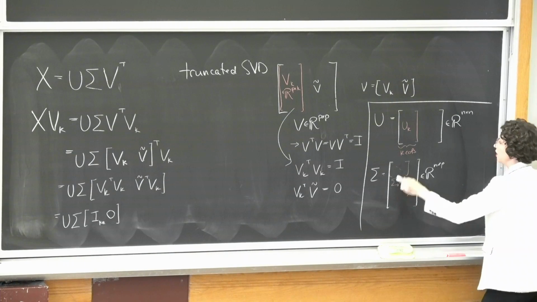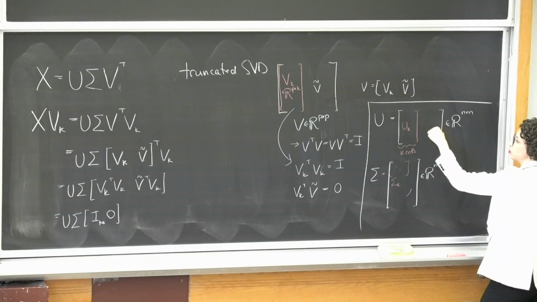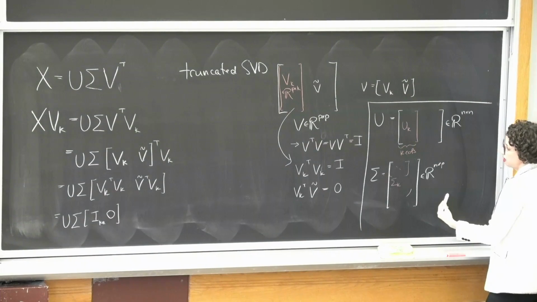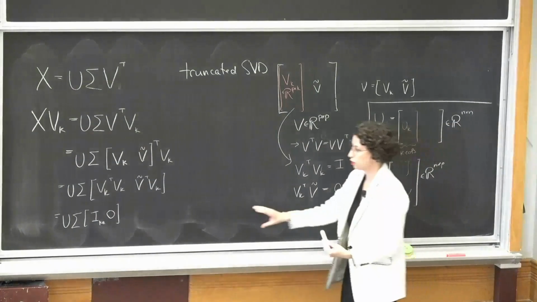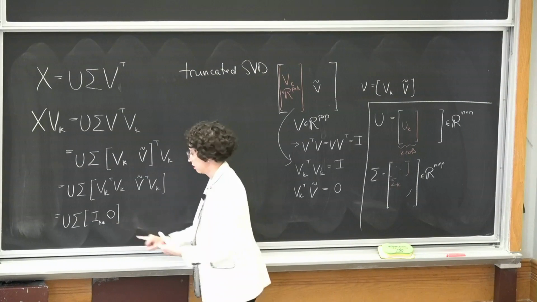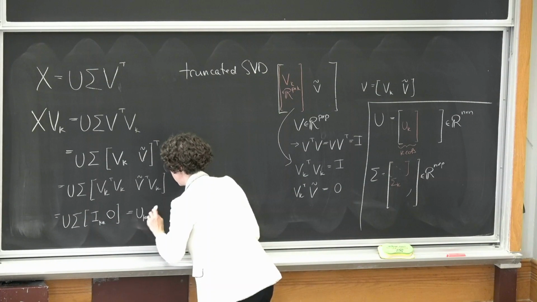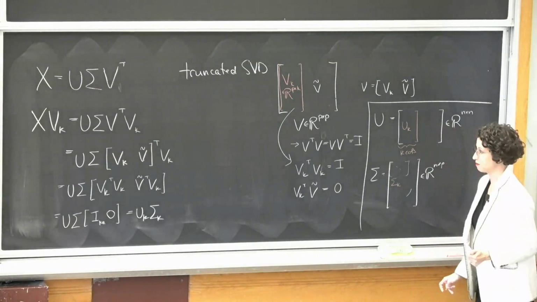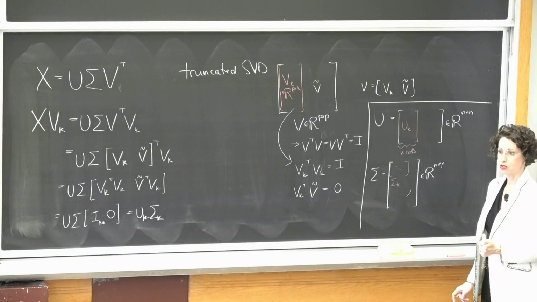Those zeros are then getting multiplied by the extra columns in U that are not in UK. So the only things in this product that are not being multiplied by zeros are going to be UK sigma k. Yeah, great question. Any other questions?